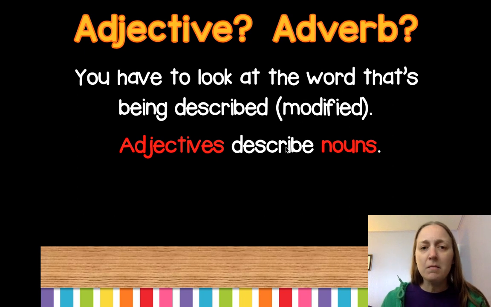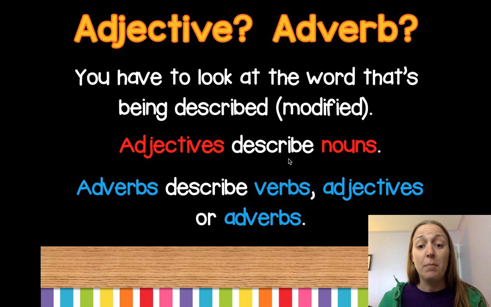The way that Mrs. Mansfield always tries to remember this, because I also sometimes have trouble with this, is that adverb has the word verb in it. Adjective must be the other thing. So if an adverb describes a verb, an adjective describes a noun. That's how I try to remember.